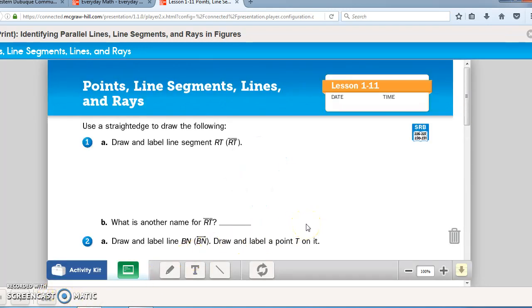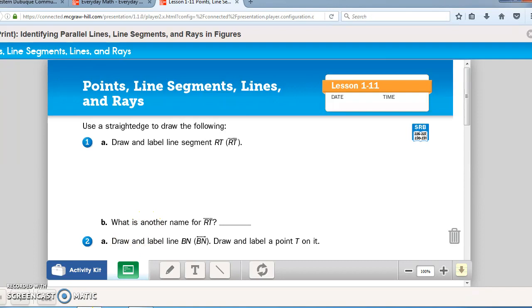So go to page 27 in your math journal and practice drawing line segments and lines. Remember, if you forget what they are, you can always go back into what I've already taught you, rewatch the video, look at the examples I've given you to help you to finish this page.